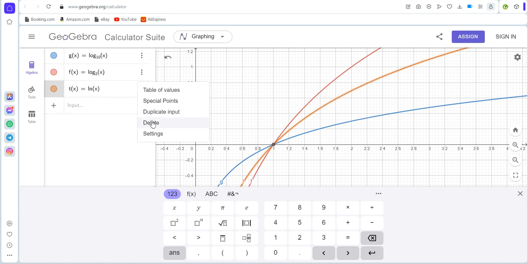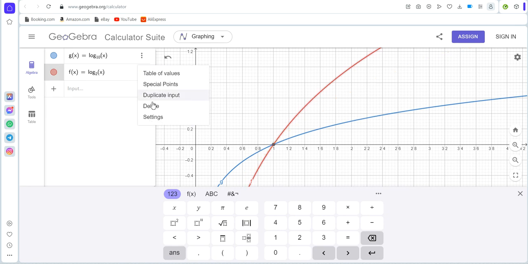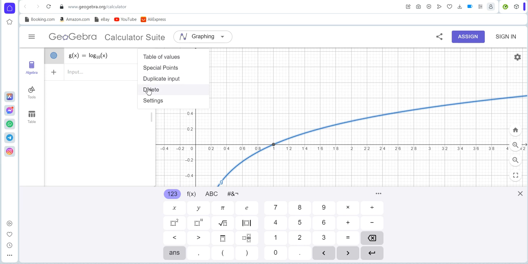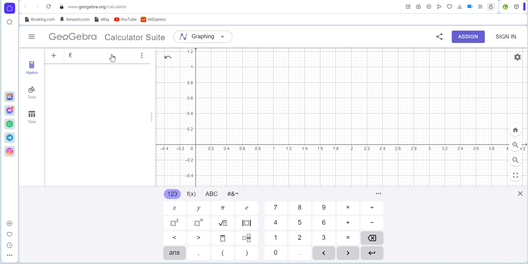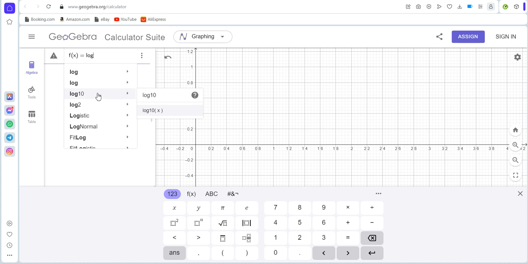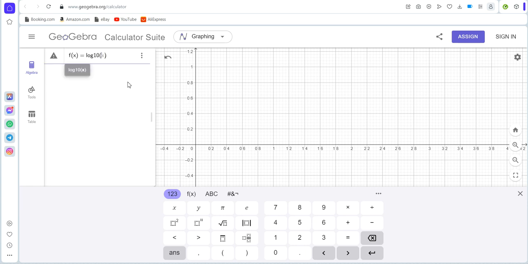Let's find this function, guys. Let's see this function, for example, f of x equals log base 10 of x squared minus 4.